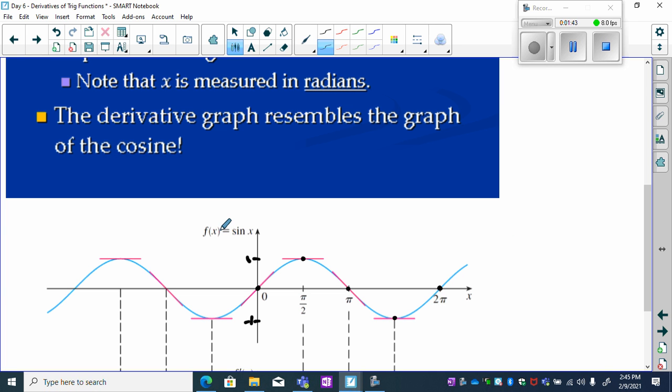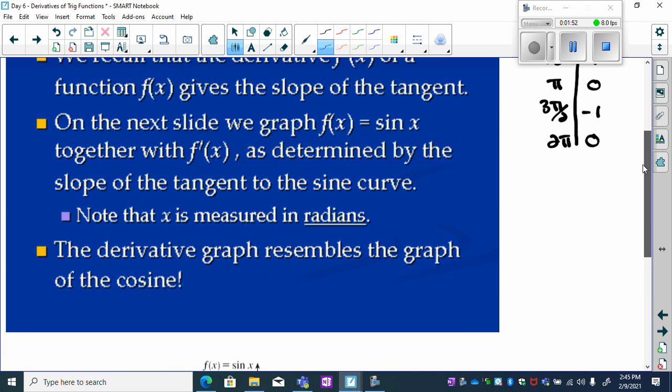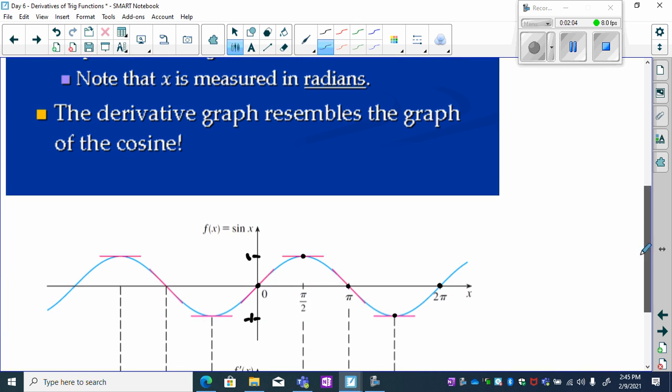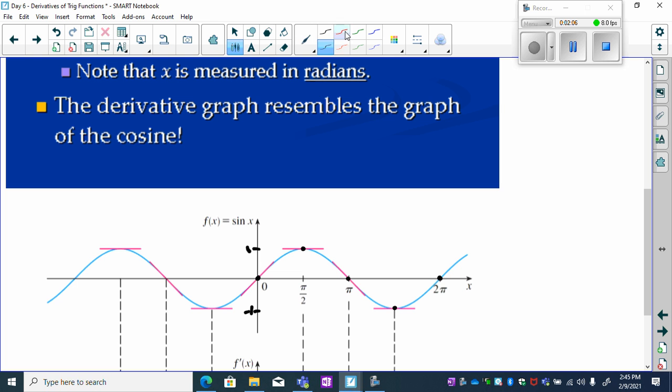Now, if I want to sketch the curve of the derivative, recall that the derivative f prime x, using Newton notation, of a function f of x gives the slope of the tangent line. Now, you will notice that in this diagram, there is a tangent line drawn right here.